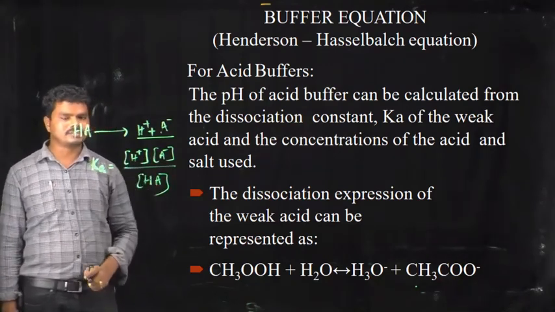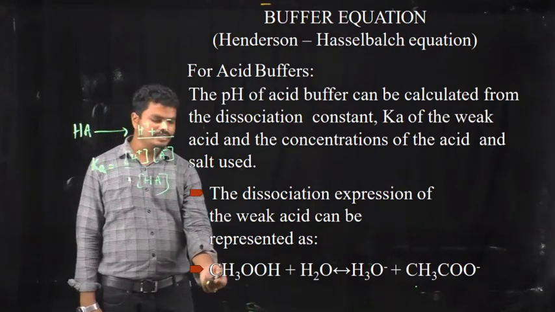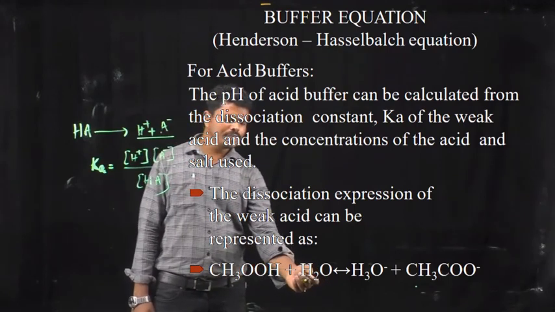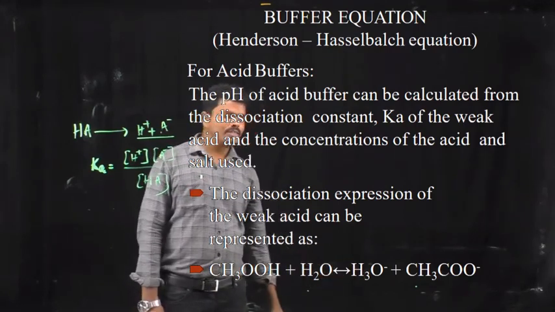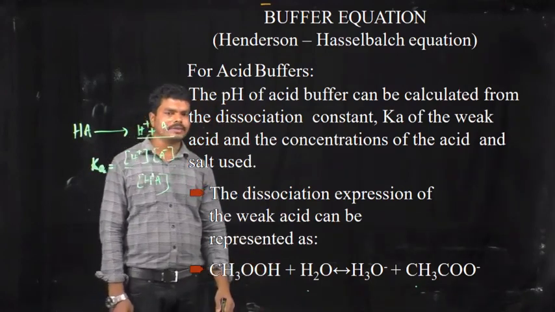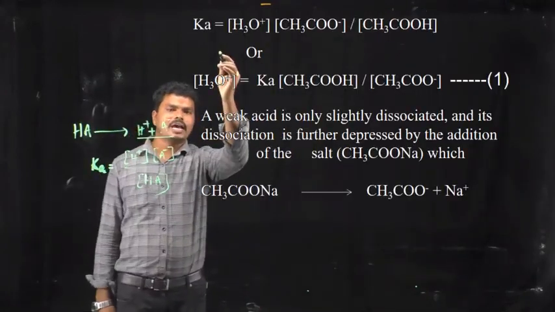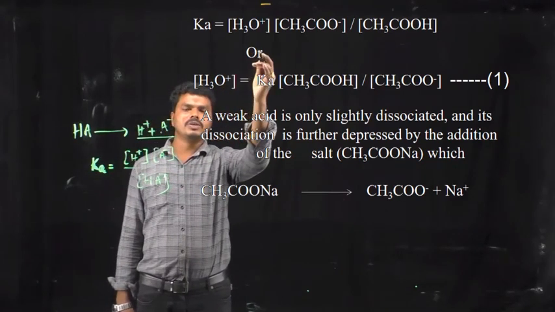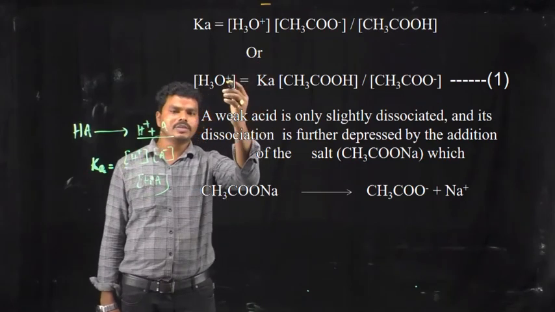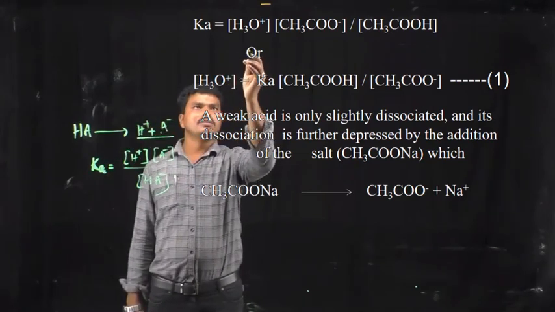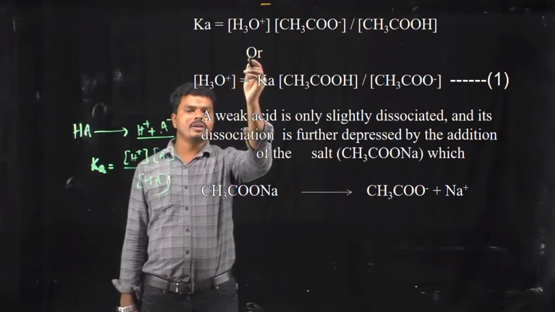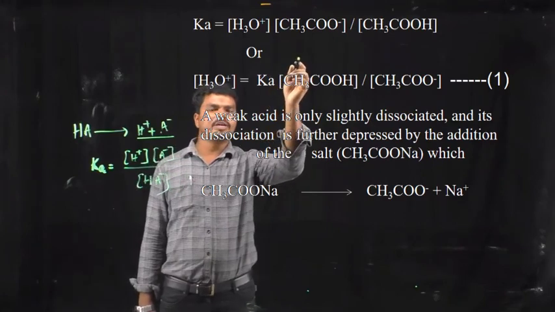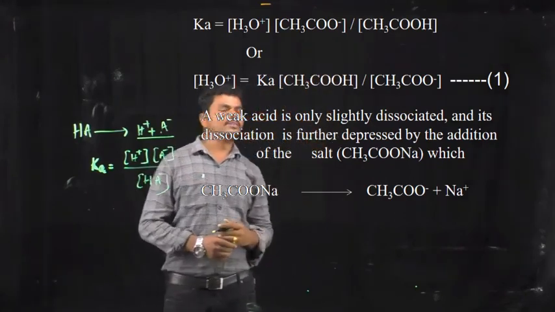For example, when you take acetic acid and dissolve it in water, it dissociates into hydronium ion and acetate ion. In the case of acetic acid, Ka is the acid dissociation constant. When you apply the law of mass action, it becomes the product of hydronium ion concentration and acetate concentration divided by the concentration of acetic acid.